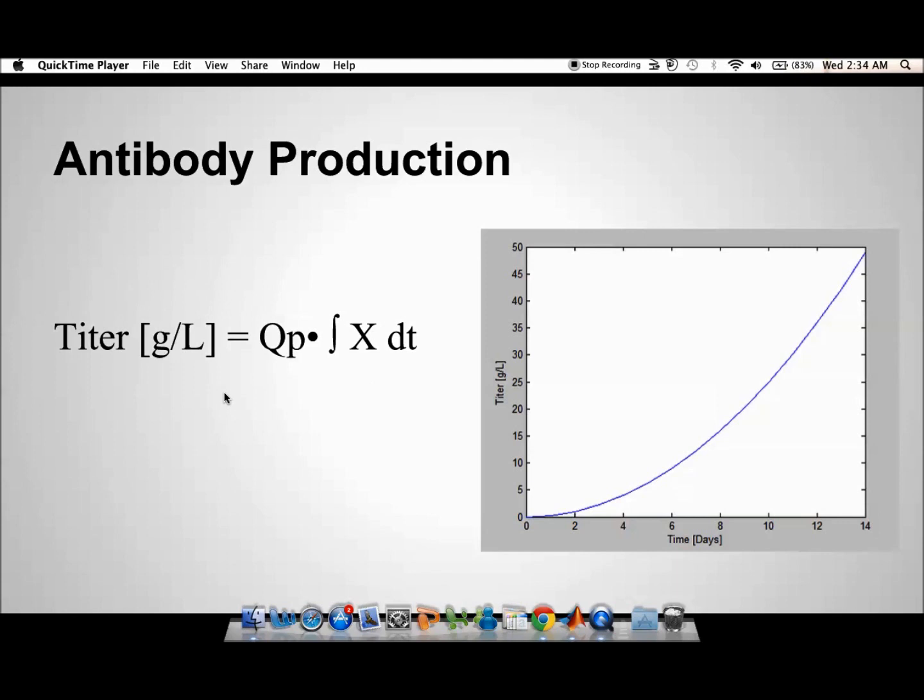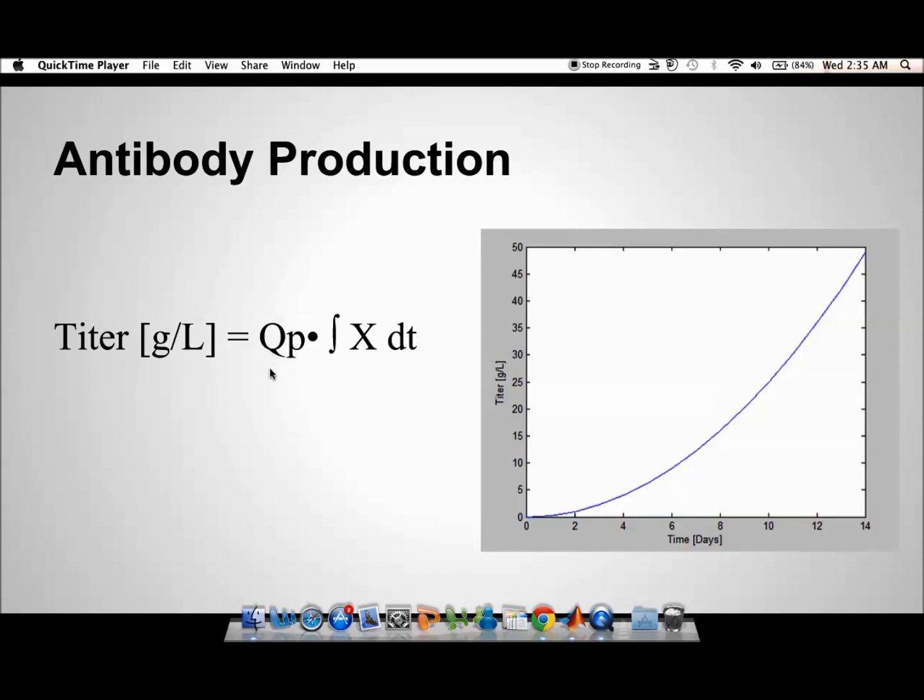Next I'm going to talk about the antibody production in our bioreactor. From the growth model that Bryce made for us, we were able to find the amount of time that the cells are cultured, as well as the optimal cell density. We know this is the specific antibody productivity of whatever cell line is being used. That's the productivity specific to each cell line.